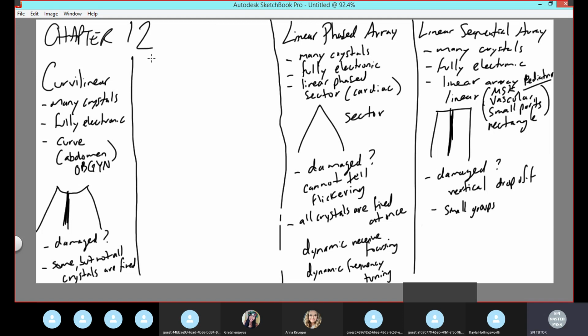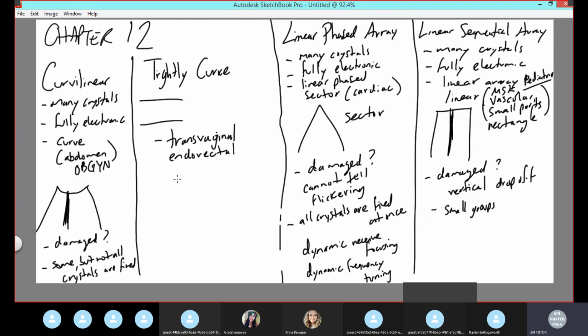Two more transducers. There's something called a tightly curve, curvilinear, or the tightly curve. And it's essentially the same thing as the curvilinear, except that this is our transvaginal. Transvaginal or endorectal, because you can actually use this for prostate exams. Okay, and what is the shape of it?